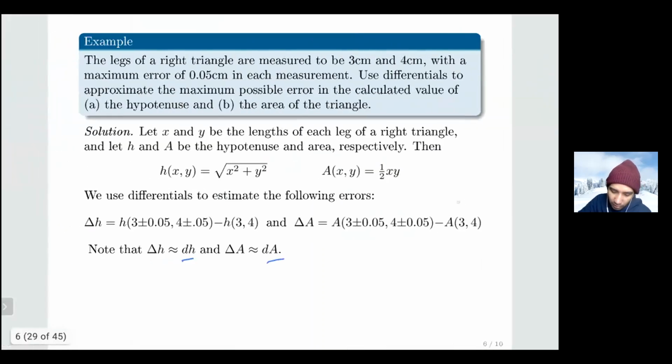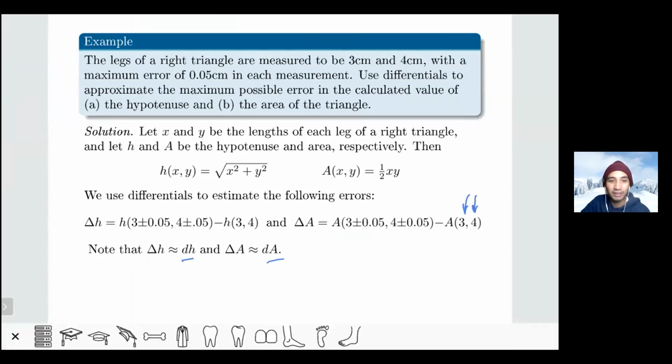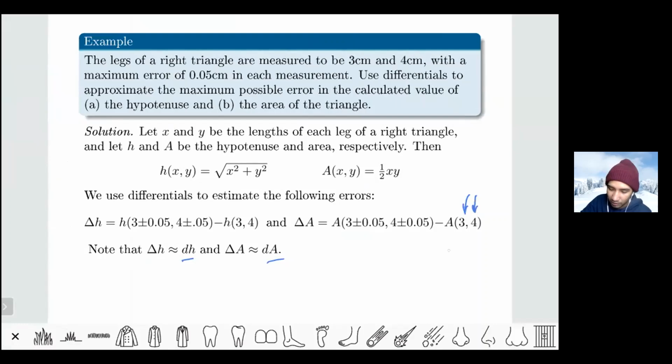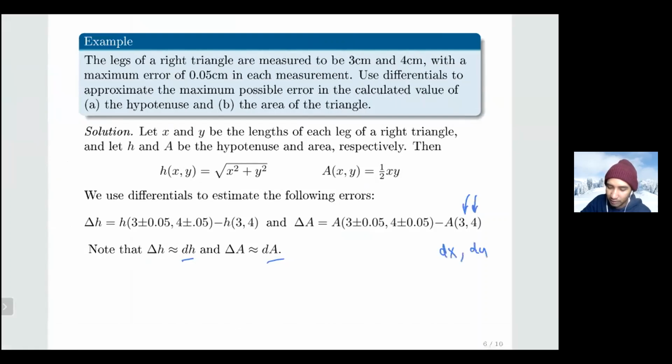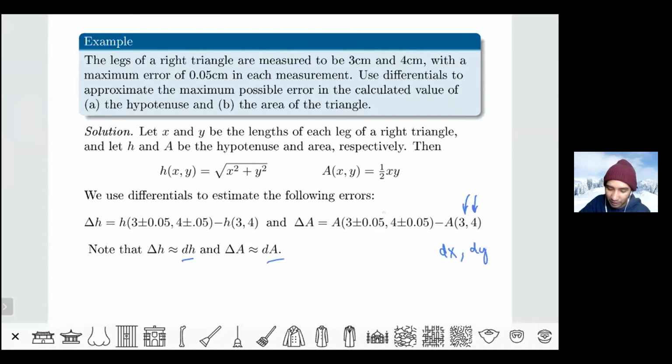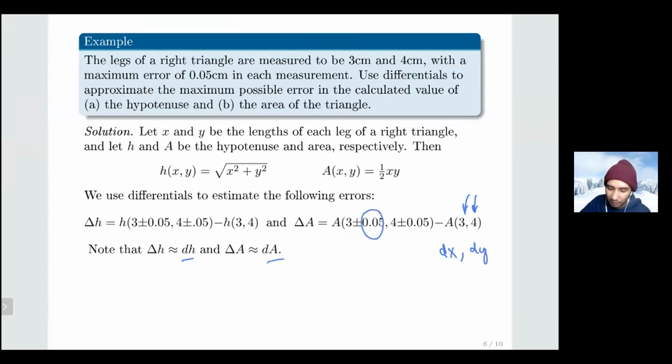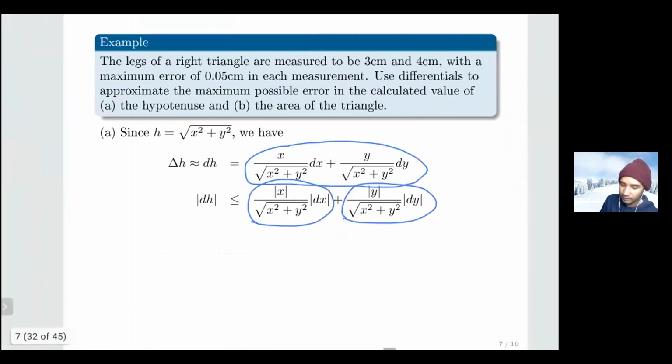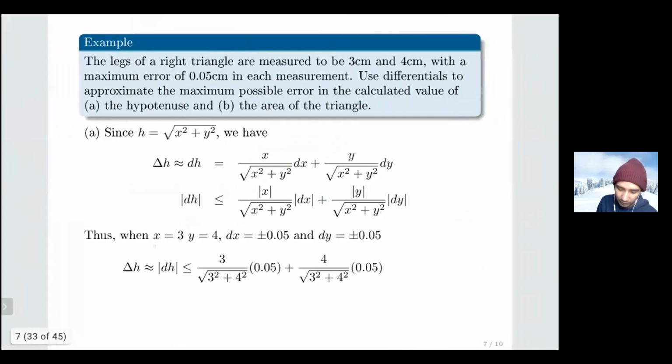So, kung yung value mo ng x and y are 3 and 4 respectively, tapos yung dx and dy, remember, those are the change in the input. So, yung change in input natin ay plus minus 0.05 each. So, yan, x, y, tapos dx and dy.